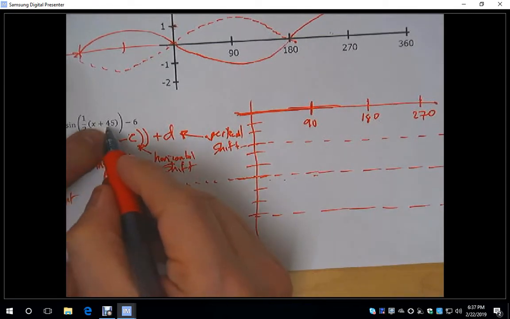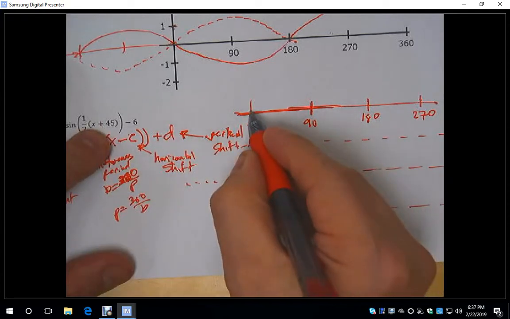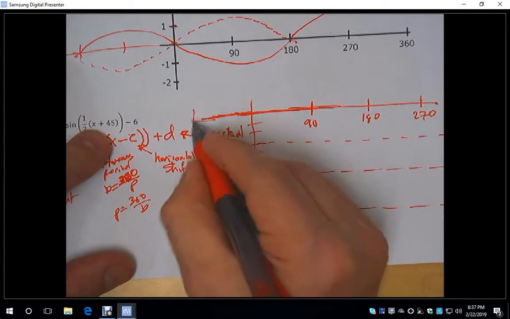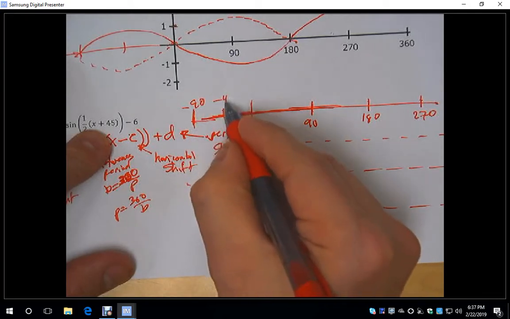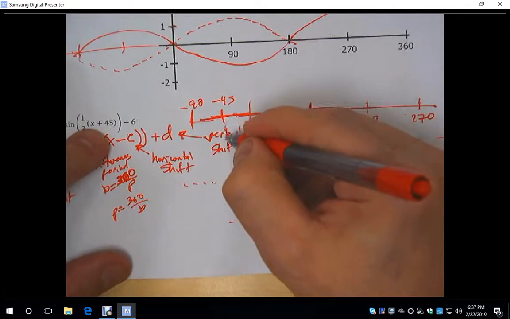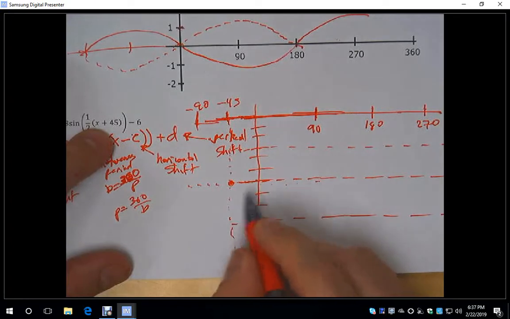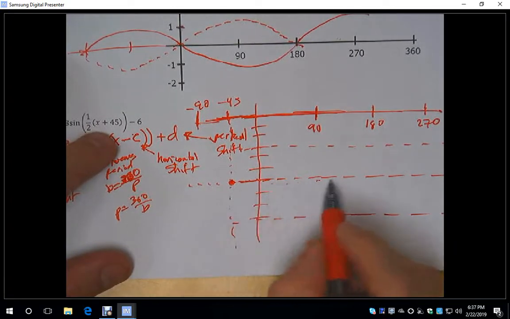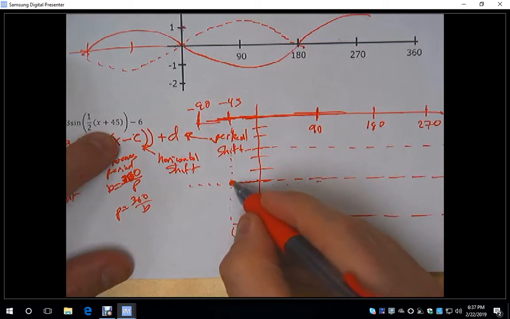Because it's x plus 45, it means that we're going to shift to the left. So if this is negative 90, then negative 45 would be here, which means that we're going to start our graph at this particular point, where the principal axis and our horizontal shift come together. That's where our starting point is.